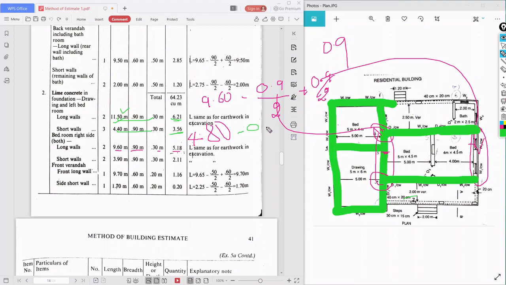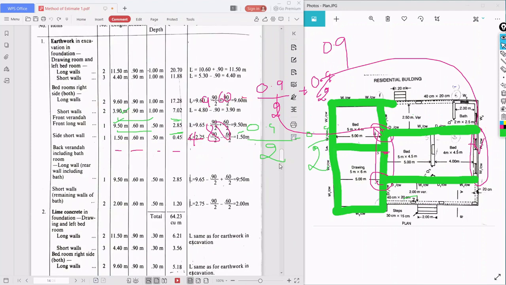So minus 0.9 by 2, minus 0.9 by 2, because it has already been done here. So both minus 0.9 by 2, you can see here.